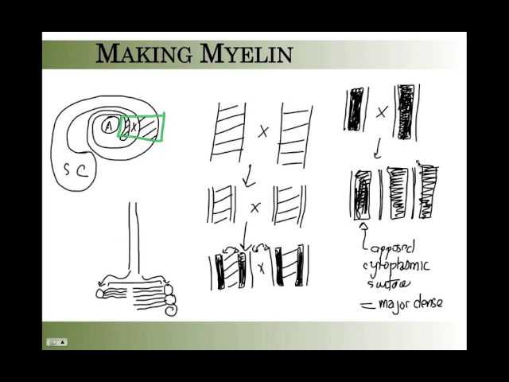And this guy right here, which are the opposed extracellular leaflets, equals the intraperiod line. And so this is how we interpret those two lines. This is how we interpret the myelin sheath.